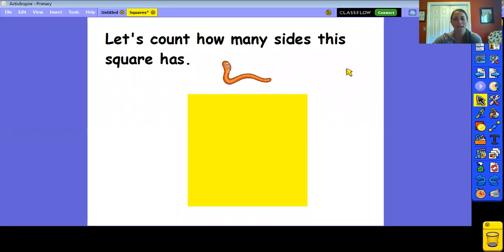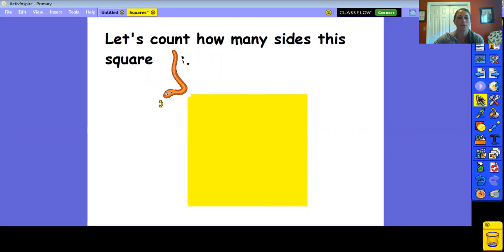If you have done any of the workbook pages, you have seen the little worm that goes all around the shapes to count the sides. So here's my little worm friend. We're going to count how many sides this square has. You ready? So we're starting out right here on side 1. And then we're going to take him and turn him.